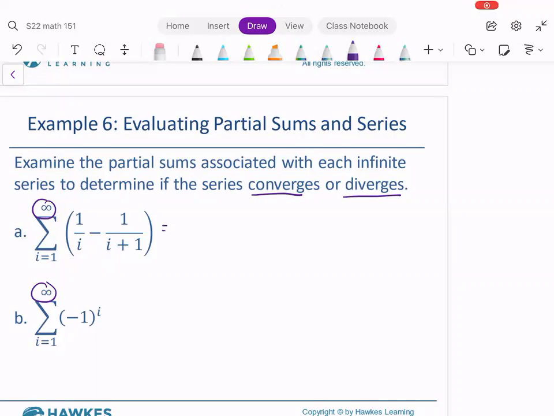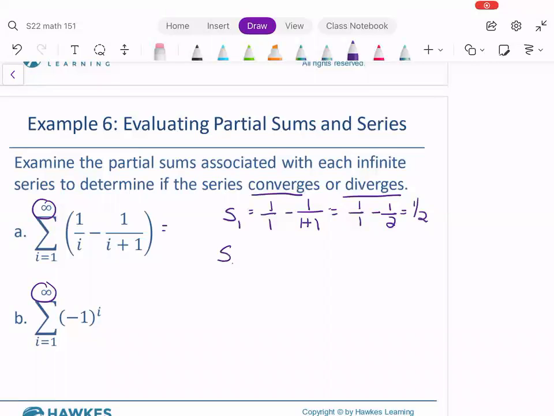If we list the first few terms, S sub 1, the sum of the first term in the sequence, is going to be 1 over 1 minus 1 over 1 plus 1, which gives us 1 over 1 minus 1 over 2, which results in 1/2.